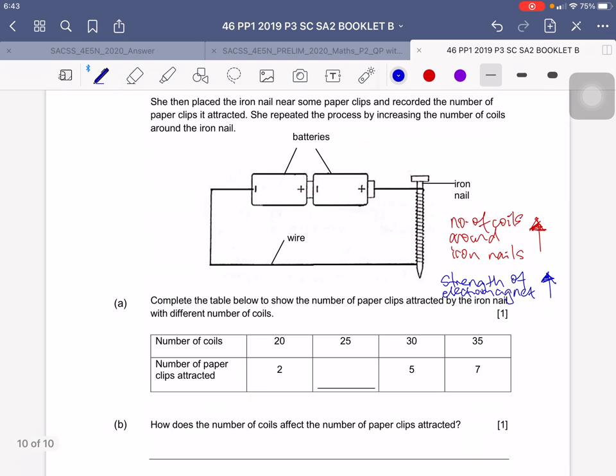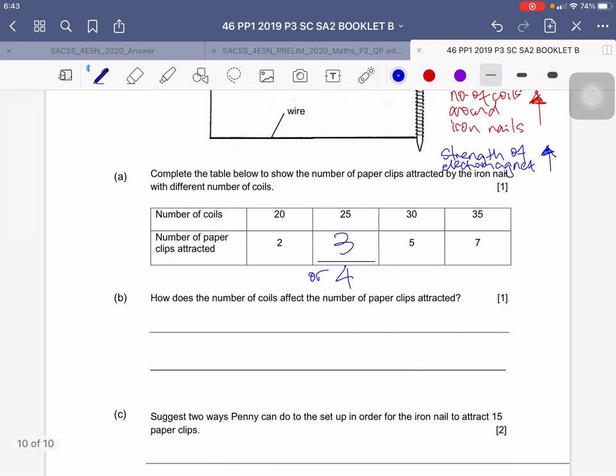Alright, so based on this concept here, we see that the number of coils has increased. So the number of paper clips, because the strength of the electromagnet has increased, we will expect them to attract more paper clips. So for this column here, the missing number should be more than 2 but less than 5. Alright, okay, so you can choose either 3 or 4.